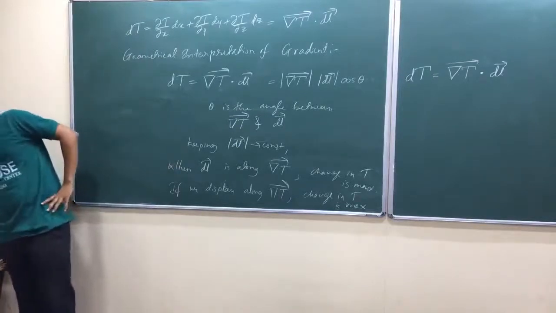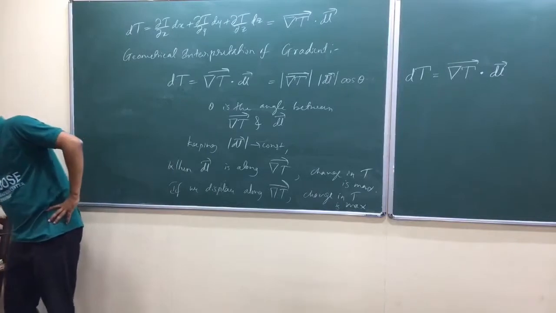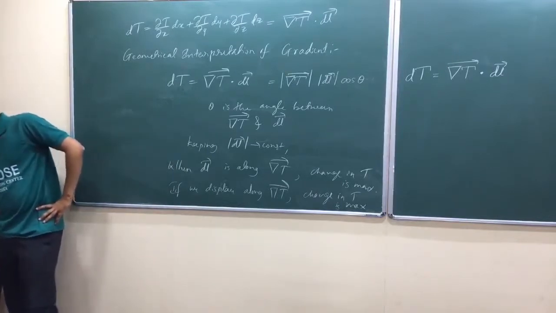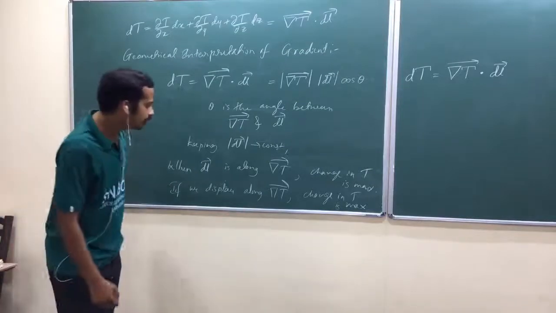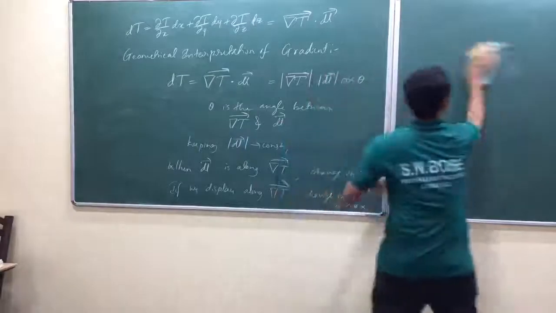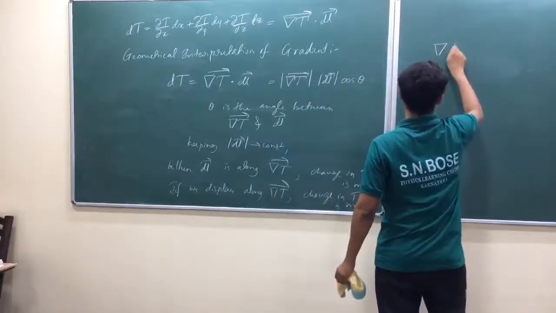So by this one you can have one property. So what is this gradient? That's our question.